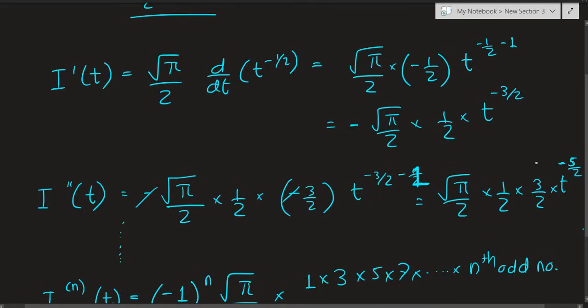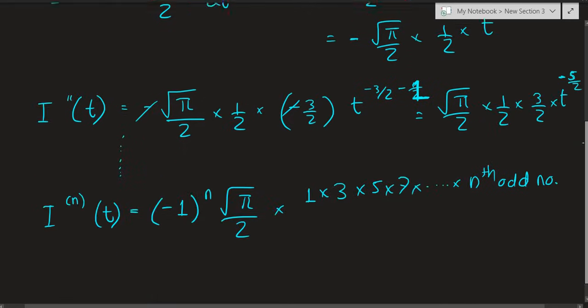So in the numerator we have all the odd numbers until the odd number of the derivative we have.